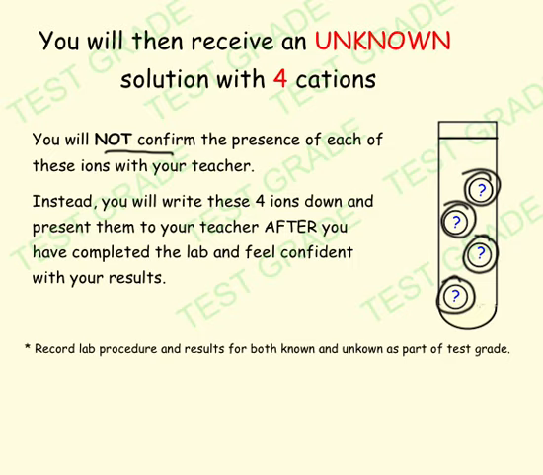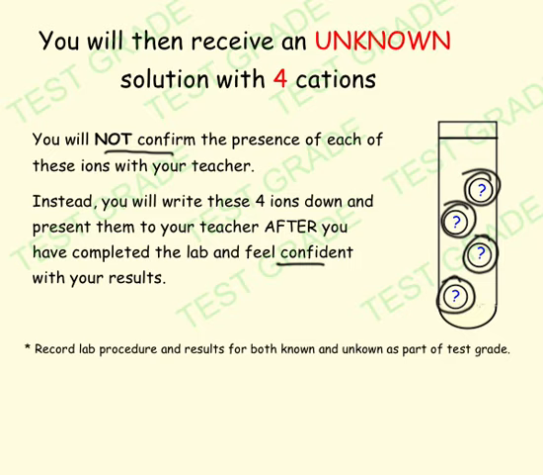Instead, you and your partner are going to make sure that you really have gone through this lab thoroughly and feel very confident with your results, and then you're going to present this to your teacher by just mentioning the names of the 4 ions. You'll probably write them down for your teacher at the very end, but you will not bring test tubes to them confirming the presence of those ions during the process of going through the lab.